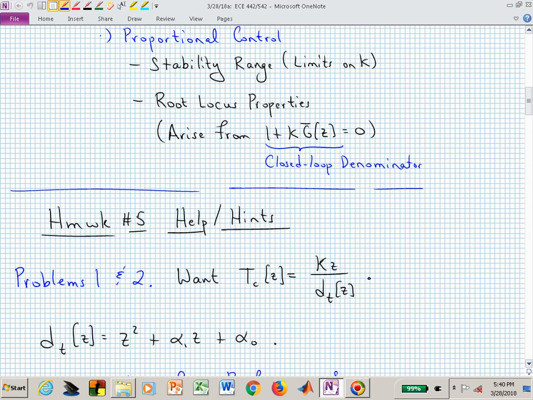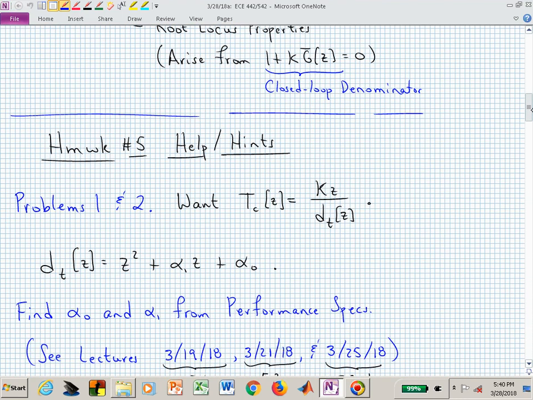What you do have to design is the denominator, and I'm assuming that denominator is second order. What you're trying to determine are these 2 coefficients, an alpha sub 0 and an alpha sub 1, based on satisfying these design specifications or performance specs.